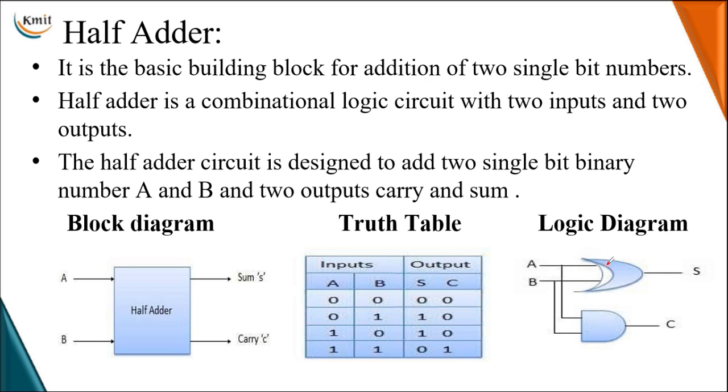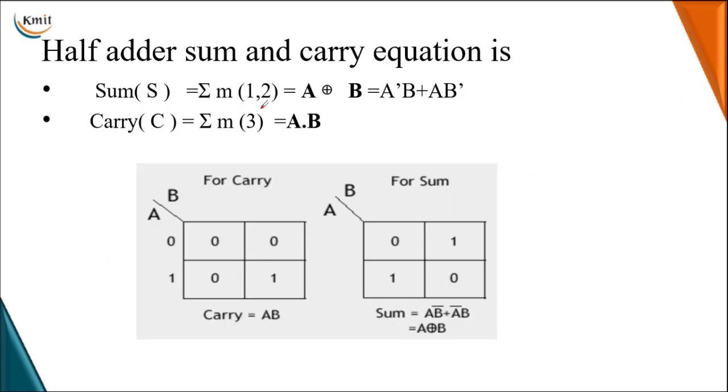Now this is the basic logical diagram using an exclusive OR gate and an AND gate. With this we are going to draw the logical diagram of the half adder using one exclusive OR and one AND gate. Now, how to derive these output expressions is using the K-map method.